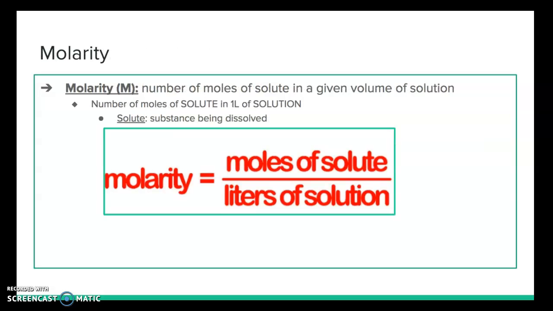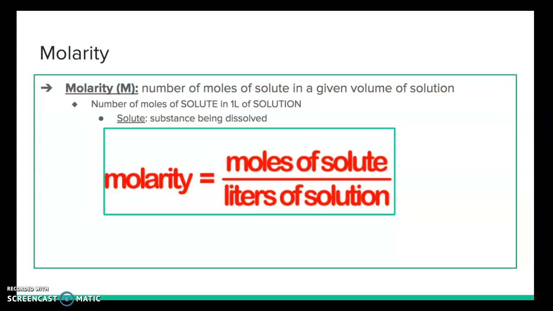So molarity is the first calculation that we're going to learn how to do. Molarity is represented with a capital letter M, and it's the number of moles of solute in a given volume of solution. Typically, when we say molar, we're talking about the solute in 1 liter of solution.